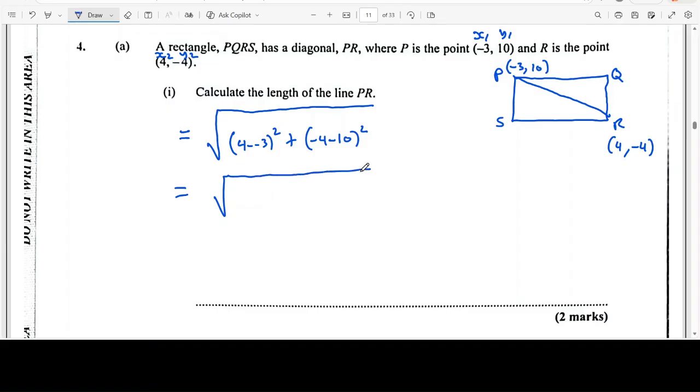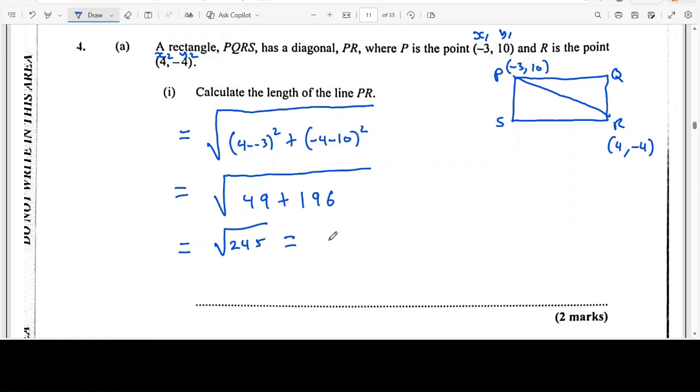Square root of 4 take away negative 3, 7. 7 sevens are 49. Negative 4 take away 10 is negative 14. Negative 14 squared is how much? 196. So then add 49 and 196 from here, correct? 245.